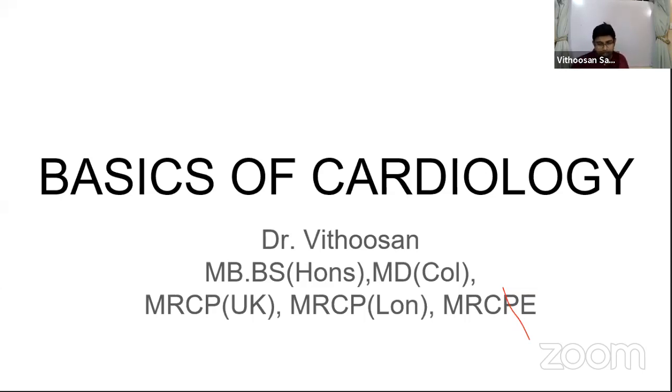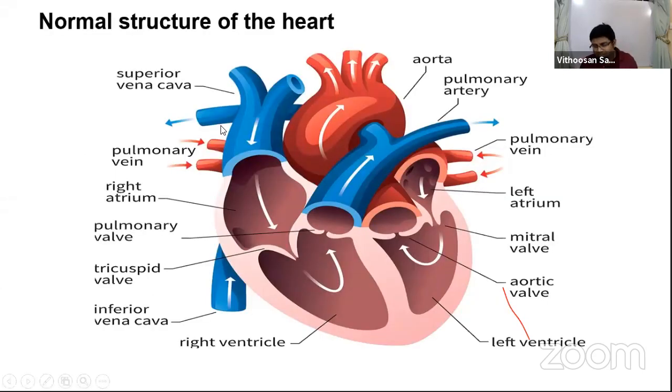Okay. So coming to the basics of cardiology, you are aware about the normal structure of the heart, where we have 4 chambers, 2 atria, that is your right atrium and the left atrium, and you have the right ventricle and the left ventricle.